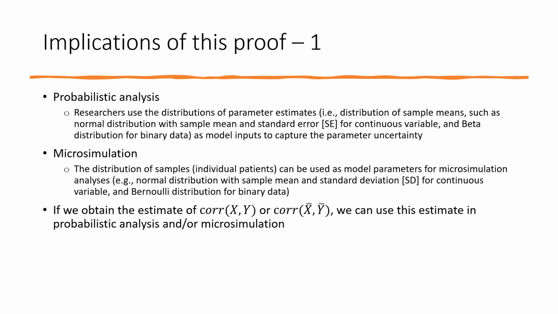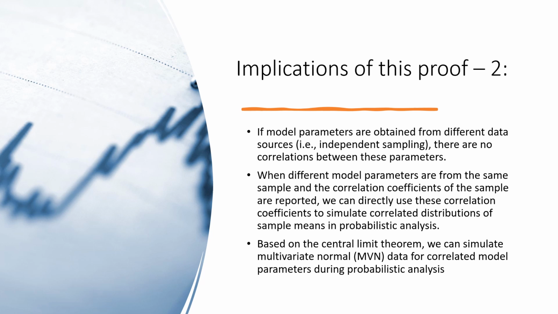Then, if we obtain the estimate of the samples or sample mean, we can use this estimate in probabilistic analysis and/or microsimulation. If model parameters are obtained from different data sources, independent sampling, there are no correlations between these parameters.